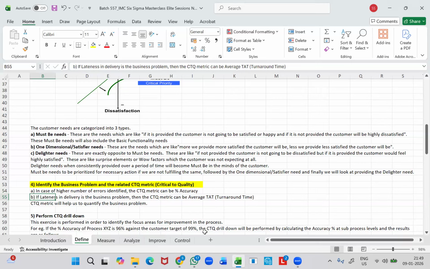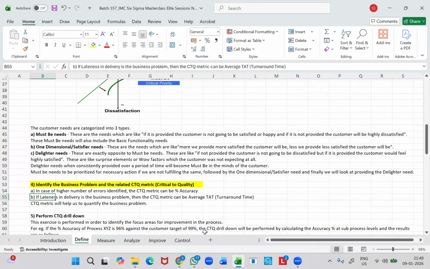Or if you feel that you have higher number of employees working in your process, then the CTQ metric that you would want to improve will be average productivity. So by improving the average productivity, you will be able to reduce the headcount working in your process.